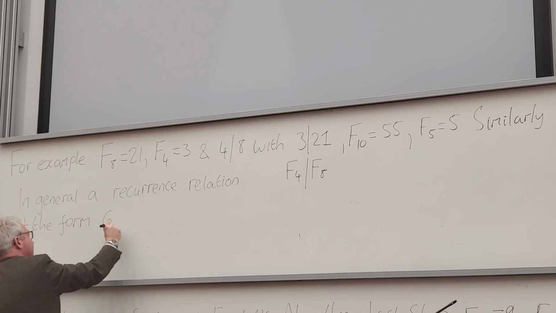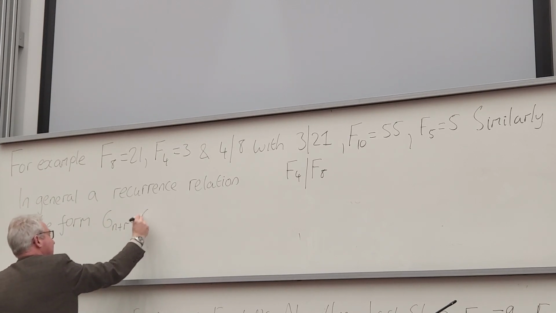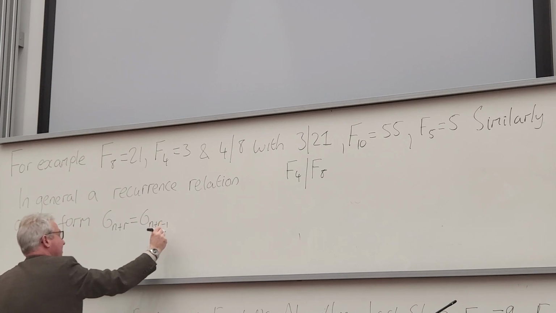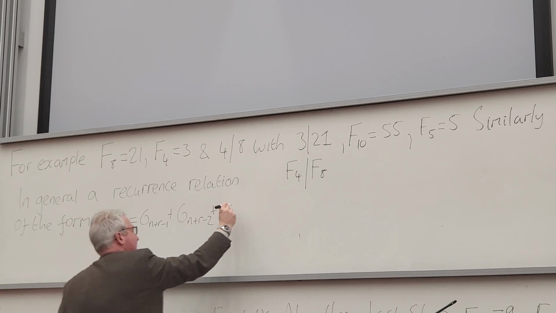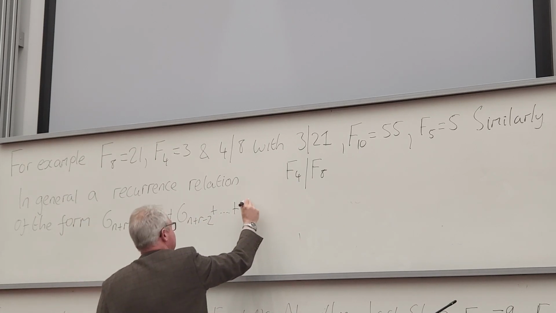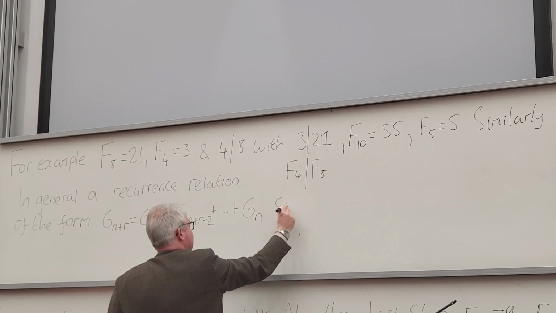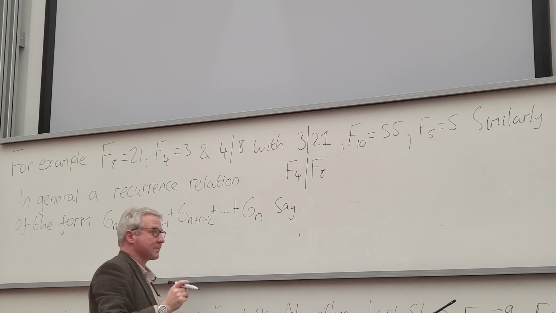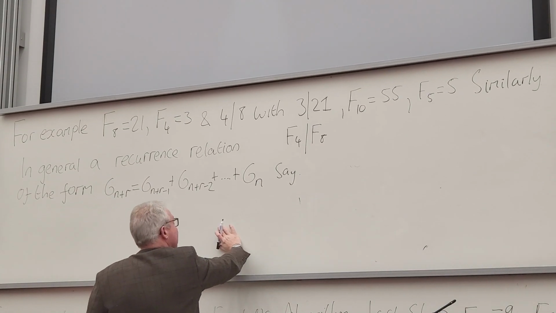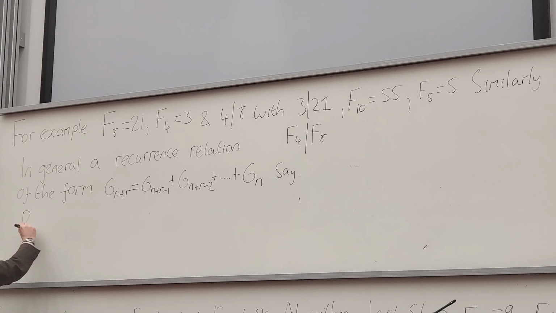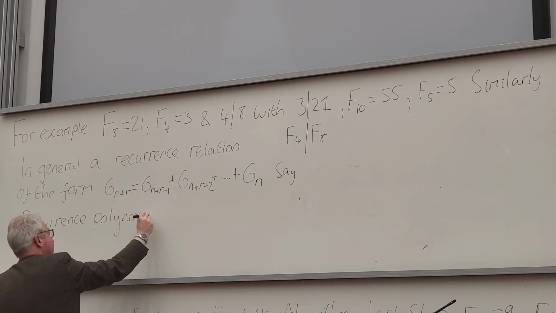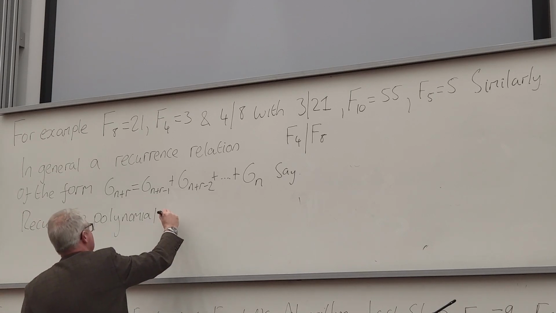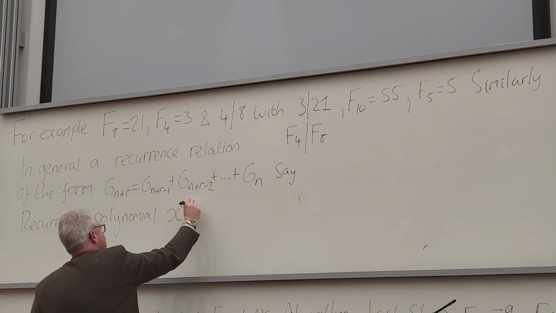So say you have Gn plus r equals Gn plus r minus 1 plus Gn plus r minus 2 plus Gn, say, then your recurrence polynomial is, you literally put the subscripts up.